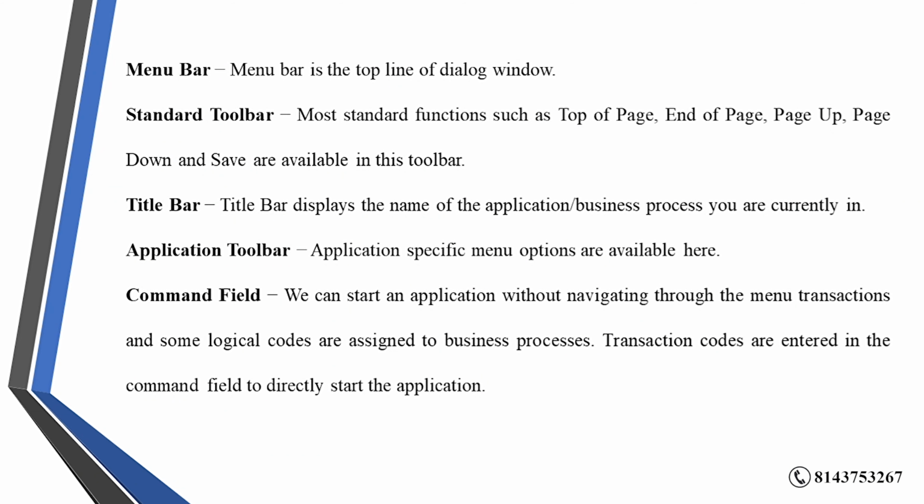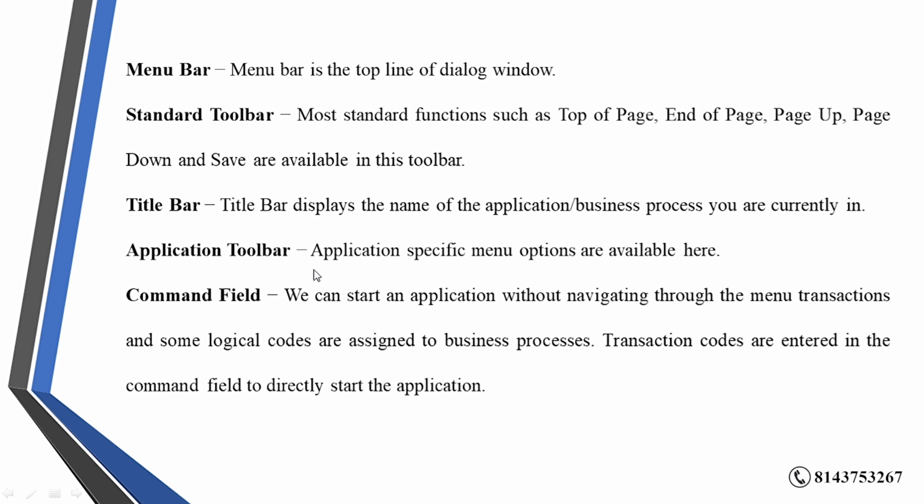So what is the menu bar? The menu bar is the top line of a dialog window which has some menus. Just a brief of this. The standard toolbar has standard functionality tools like page down, page up, top of page, end of page, save. The title bar has the current object title or business application title.